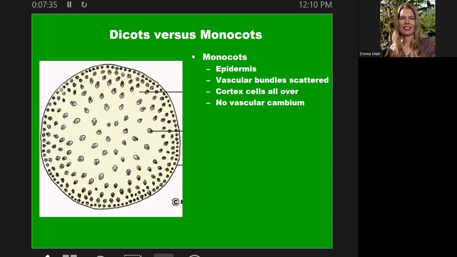So that means monocot stems have no significant way over the lifespan of the plant to get bigger in diameter. That's a huge difference compared to dicot angiosperms. So monocots don't have a vascular cambium. They cannot keep increasing their girth. They just don't. Okay.